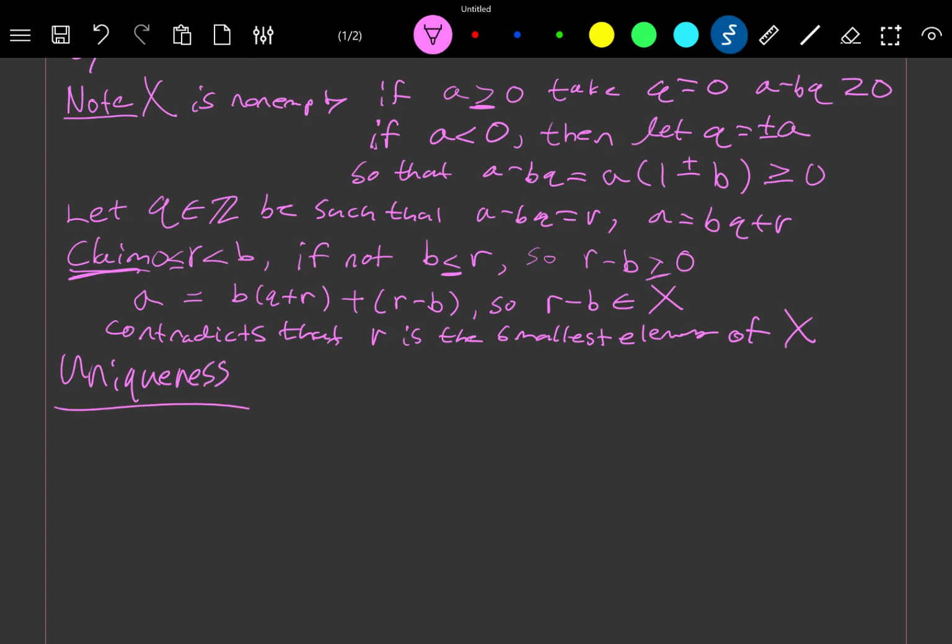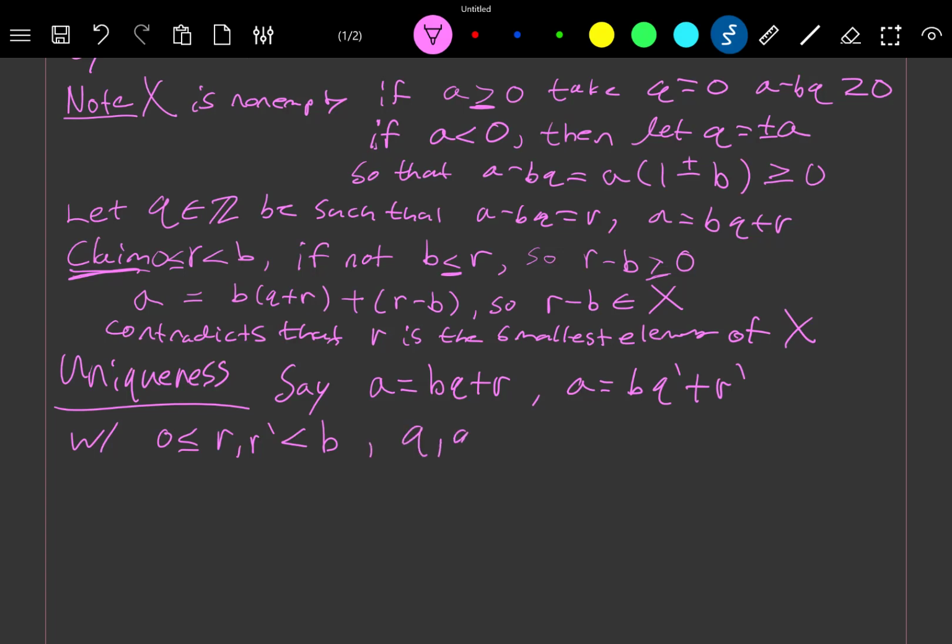So how can we do the uniqueness? Well, say we have A is BQ plus R, and A is BQ prime plus R prime, with the R's strictly less than B, and all of these are integers.